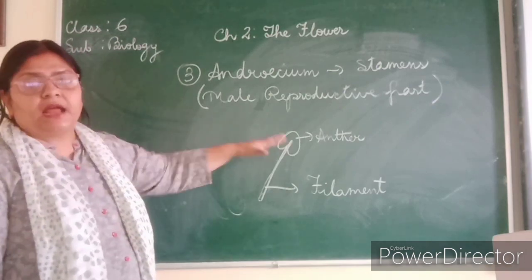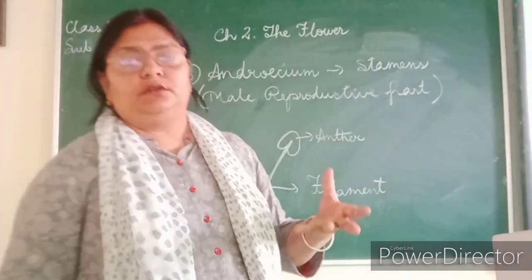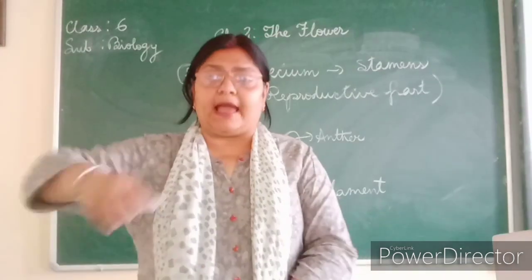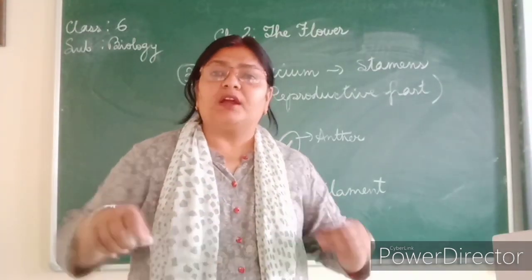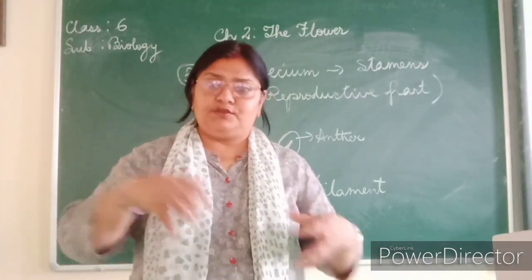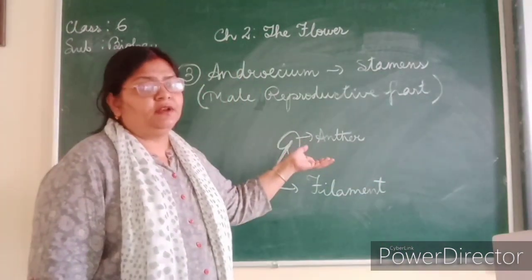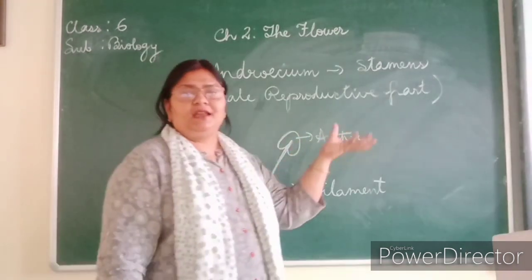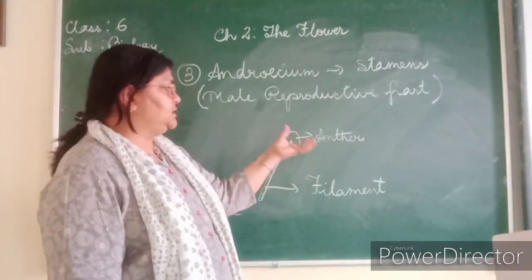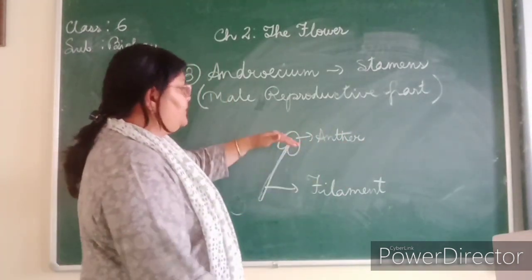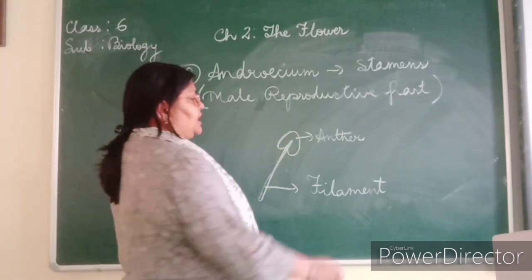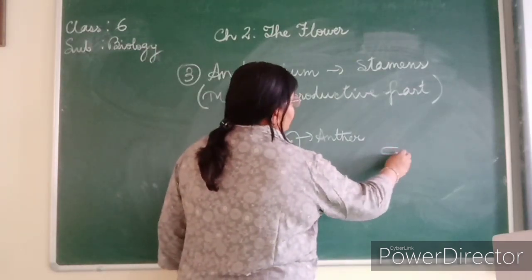Now this anther has pockets, as your purse or your school bag has pockets in it. So in various pockets you can keep different things, isn't it? Here it is not different things, it is the same thing kept in different pocket-like structures. So if we cut the anther and check inside, what do we find?